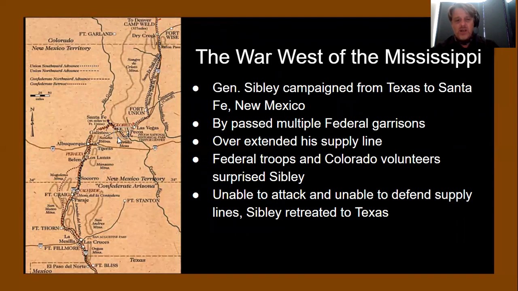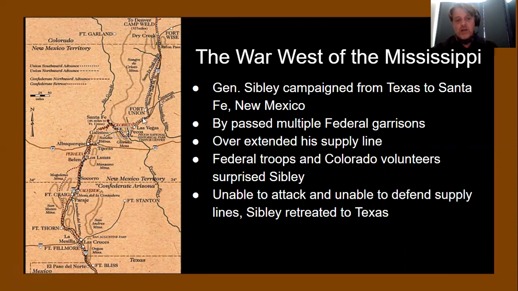And west of the Mississippi, not a whole lot went on. There was one big raid where General Sibley from Texas went up through New Mexico and into Colorado, way up here towards Denver. He did this by bypassing the federal forts along the way.